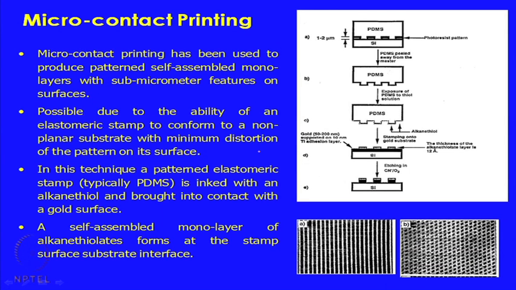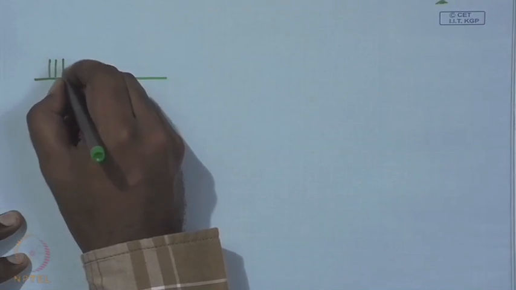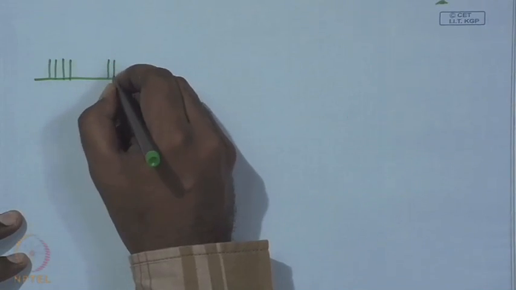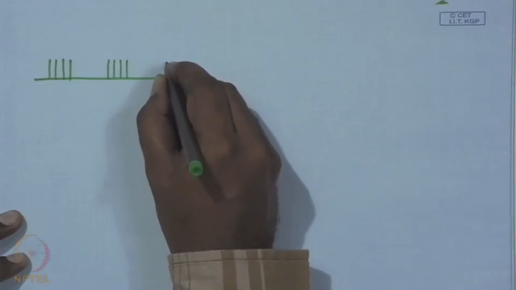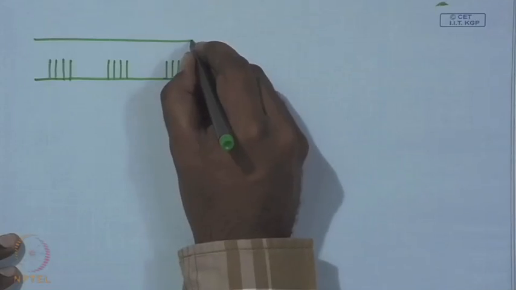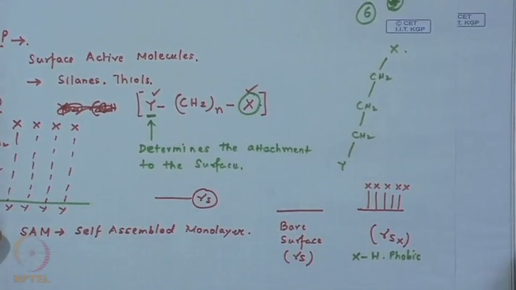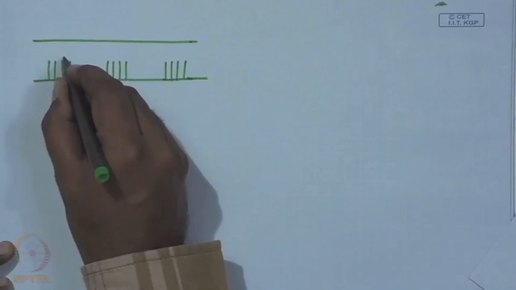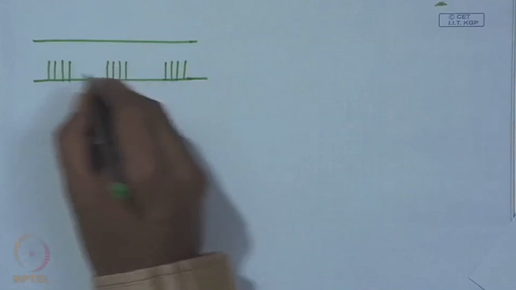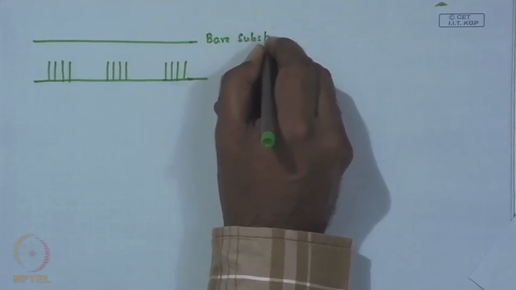Now, after we understand this concept of self assembled monolayers, the idea of generating a chemically patterned surface essentially is to control spatially the attachment of these molecules. So, suppose you have a bare surface and instead of covering it fully with these SAM molecules, you can somehow do something so that only parts of the surface get covered with these molecules.